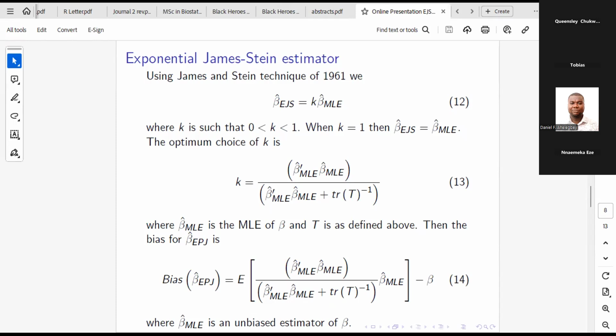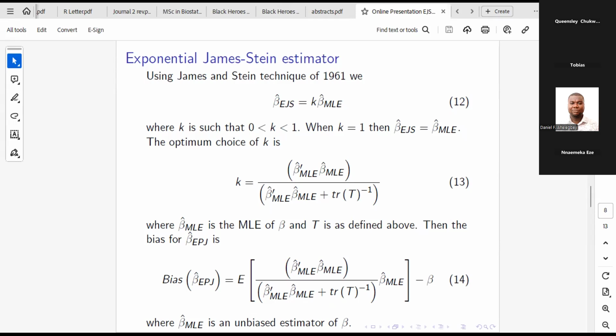So the optimum choice, according to James and Stein, would be K, which is equal to what is represented in equation 13.